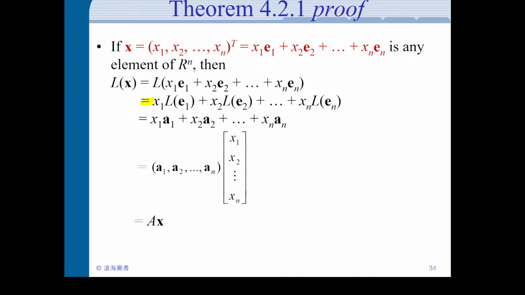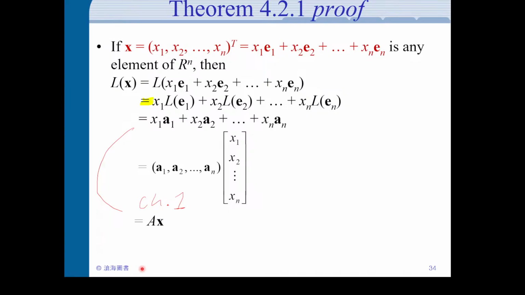Matrix multiplication on a vector is a linear combination of the column vectors. You have all those column vectors multiplied by this x1, x2, xn vector, and it will be a linear combination of them, by the matrix multiplication rule.